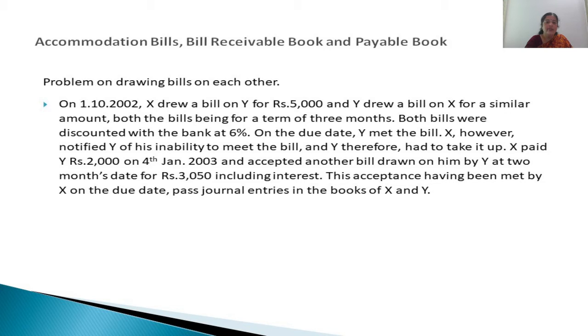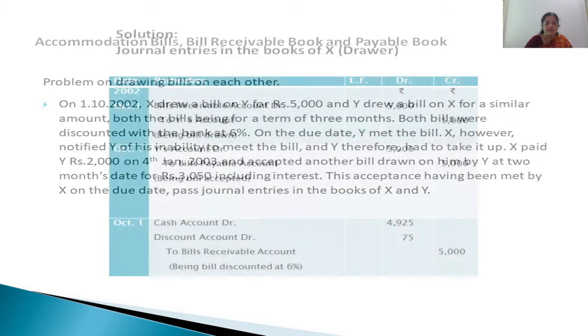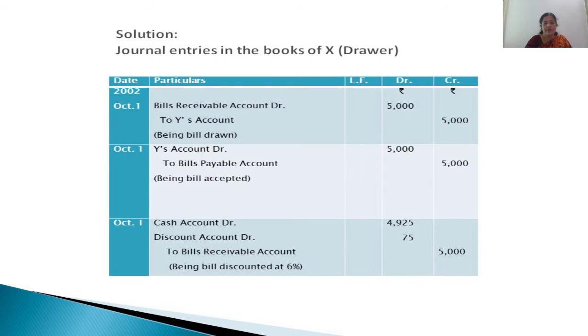And on the date of drawing of the bill only and receiving, drawing and acceptance of the bill only, it has been discounted with the banker. So full term of 3 months. So the calculation of the amount of discount is simply PRT by 100, which is 5,000 into 6 by 100 into T is time, 3 by 12, which comes to 75 rupees.